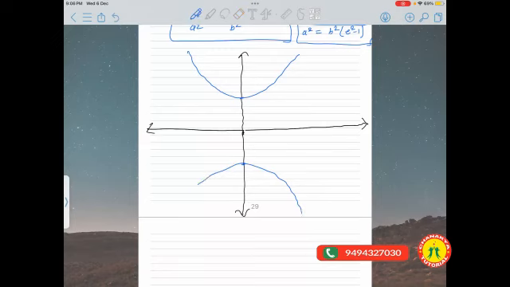Anyone can say the y-axis will be the transverse axis. Now this is the y-axis, this is the x-axis. So the y-axis is the transverse axis, and the x-axis will be the conjugate axis.